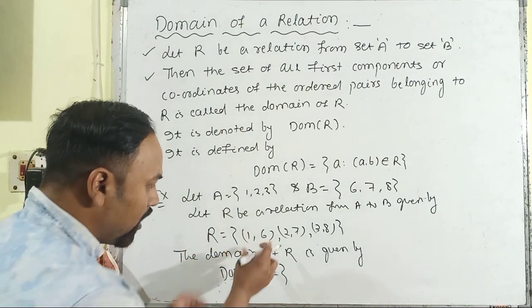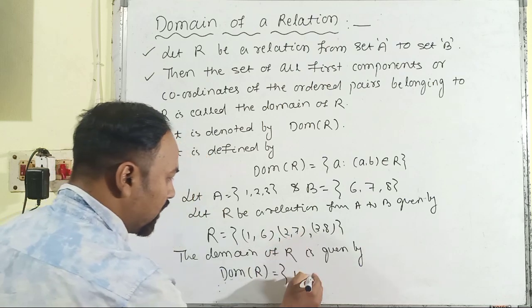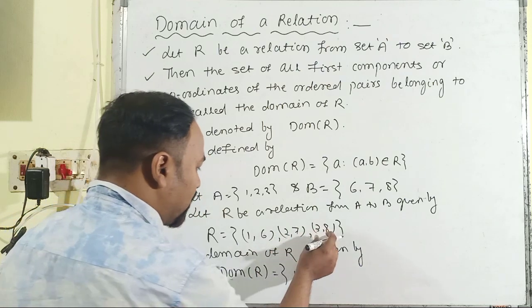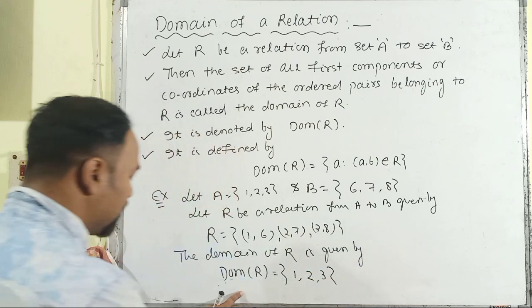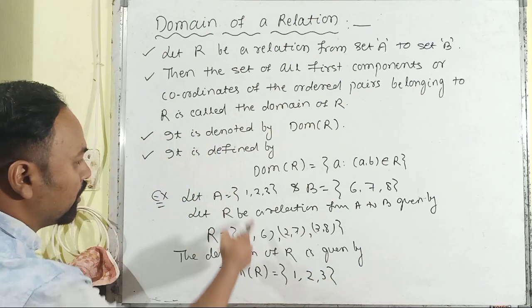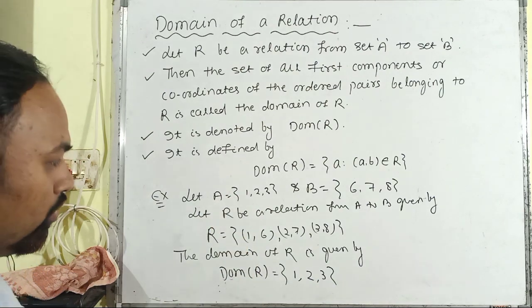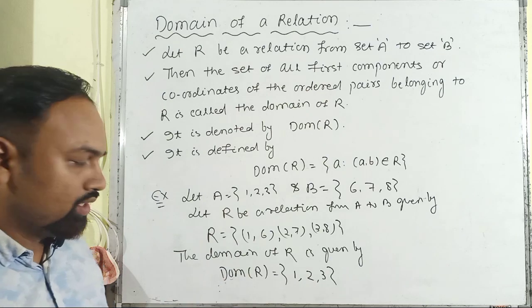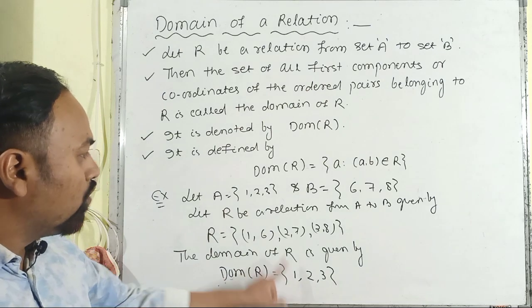The first component of the first ordered pair is 1, of the second ordered pair is 2, and of the third ordered pair is 3. But here you can see that the domain of R is equal to the A set. In the previous example, it was a subset of the A set. But here the domain of R is equal to the A set.